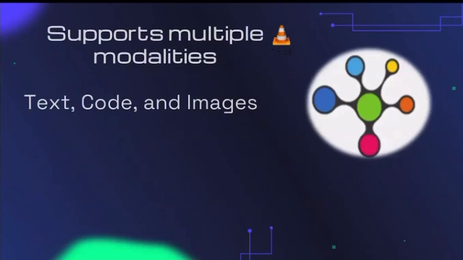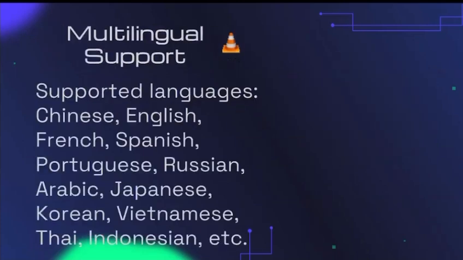So Qwen supports multiple modalities like text, code, and images. Also, we have multilingual support here. The supported languages in Qwen are Chinese, English, French, Spanish, Portuguese, Russian, Arabic, Japanese, Korean, Vietnamese, Thai, Indonesian, and many more.